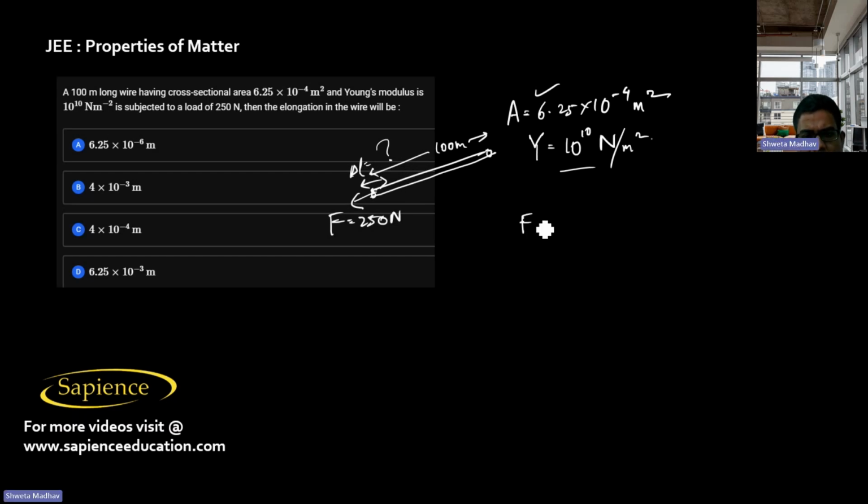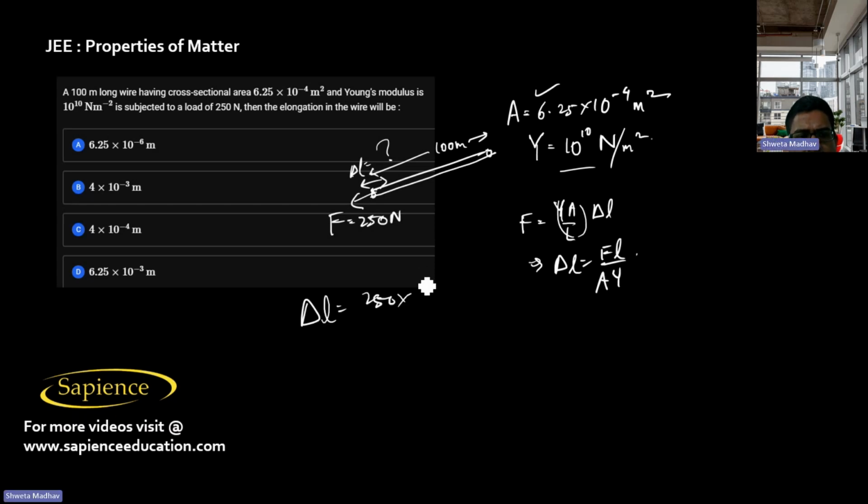And so we know that F is equal to Y A by L into delta L. So delta L will be equal to F L by A Y. Delta L will be F, that is 250 Newton, into length, that is 100 meter, over area of cross section, that is 6.25 into 10 to the power minus 4 meter square, and Young's modulus is 10 to the power 10.